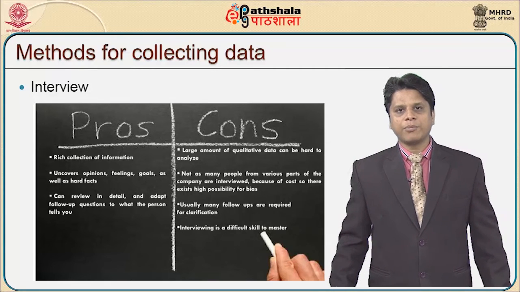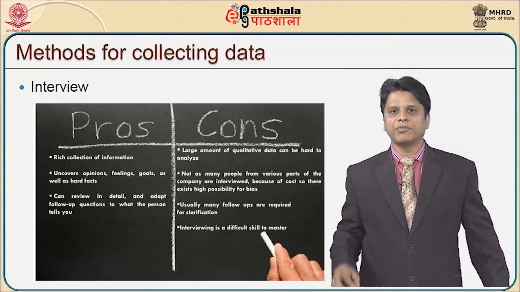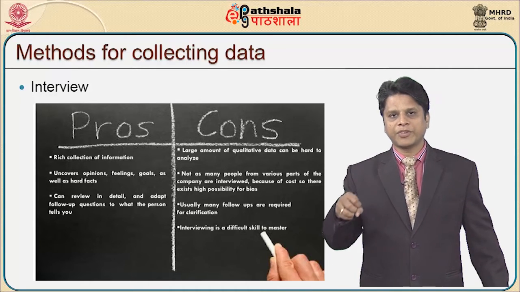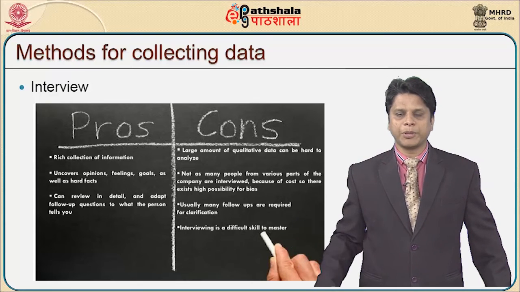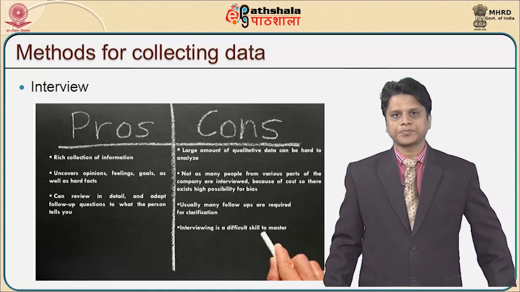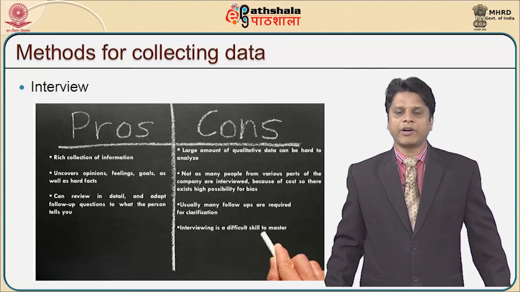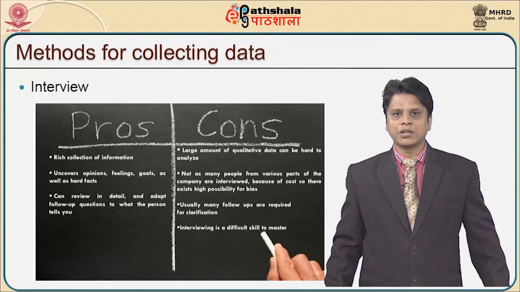We will not be able to take individual opinions from different teams, but will be collecting information from one person or a maximum of one or two people. That may lead to a problematic issue. The third disadvantage is the follow-ups required for clarification. Finally, interviewing is a difficult skill to master.